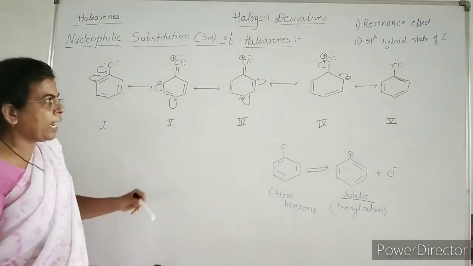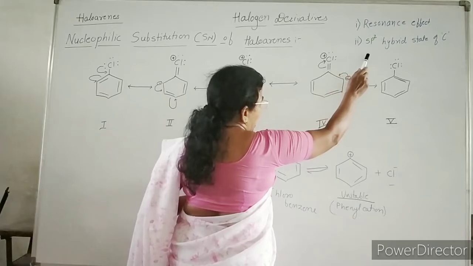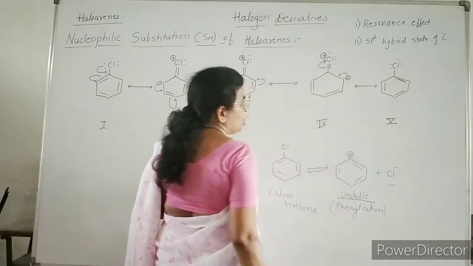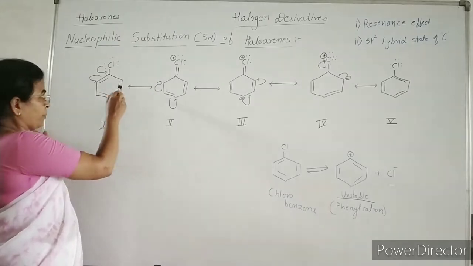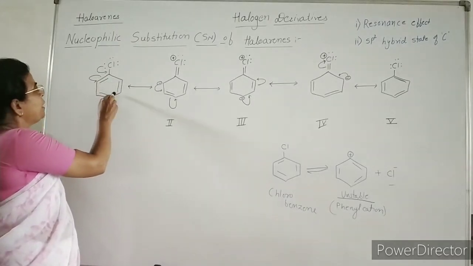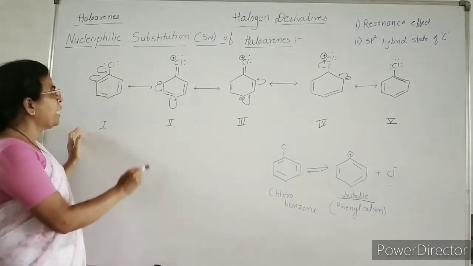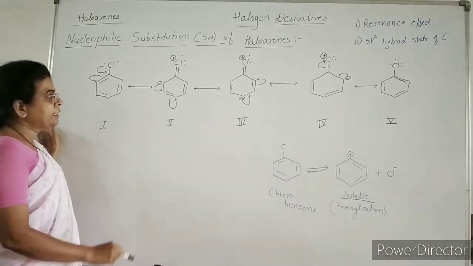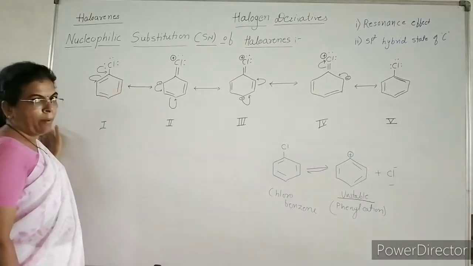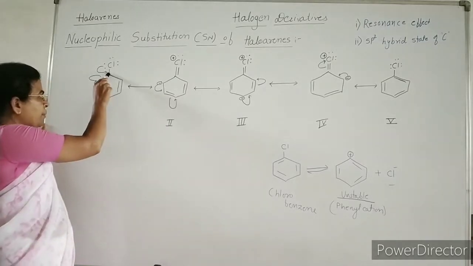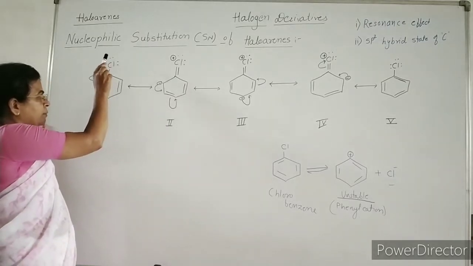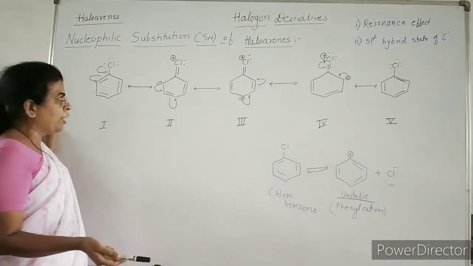The reason is the resonance effect and the sp2 hybrid state of carbon. The carbon atoms in this benzene ring are sp2 hybridized, that is, there is a carbon-carbon double bond in the ring. And this carbon atom is bonded to a halogen atom, either chlorine, bromine or iodine.